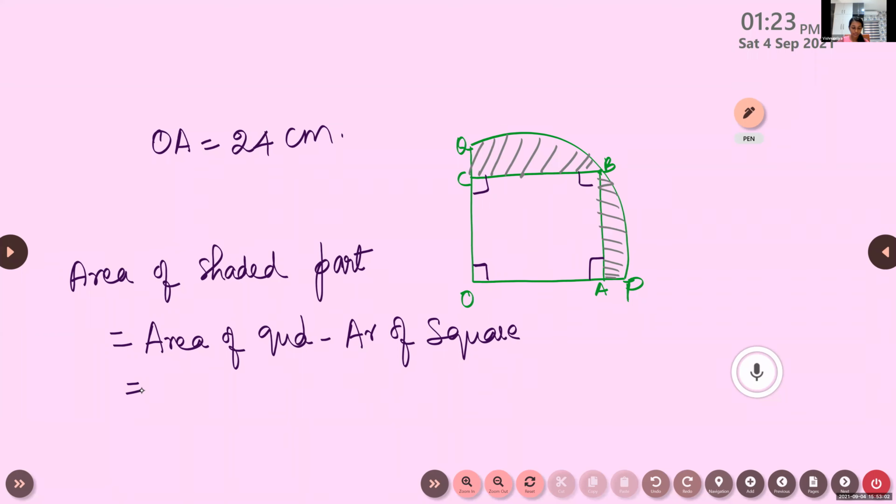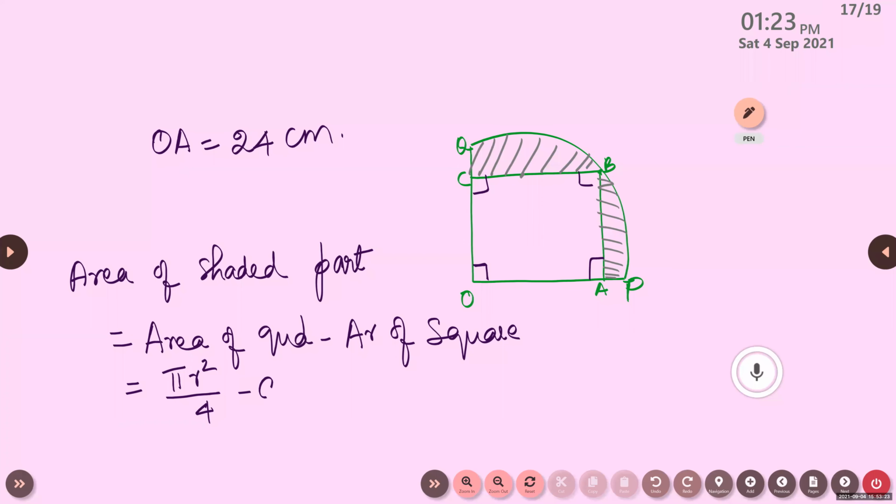Bhadra? Area of the quadrant is pi r square by 4. Yes, pi r square by 4 minus area of the square. What's the formula for area of square?